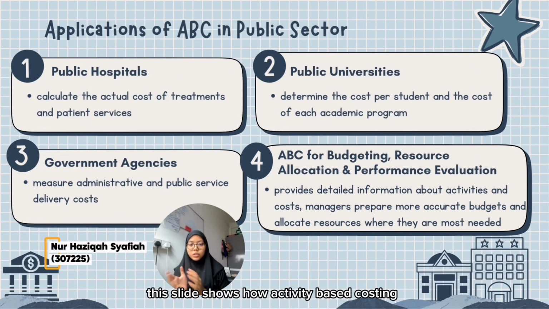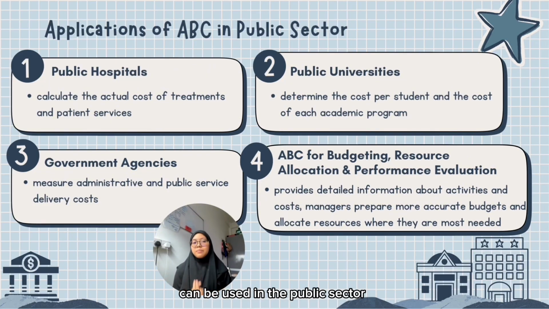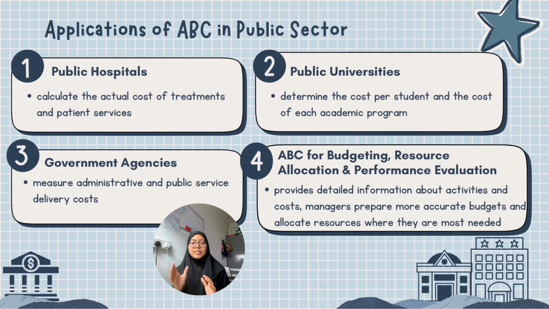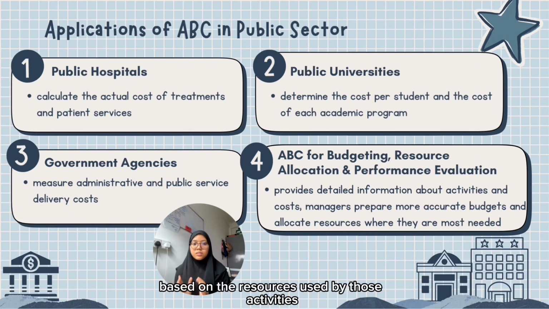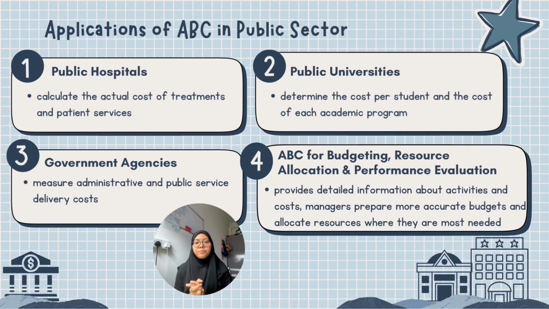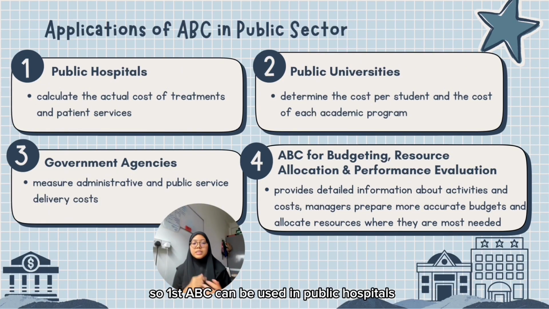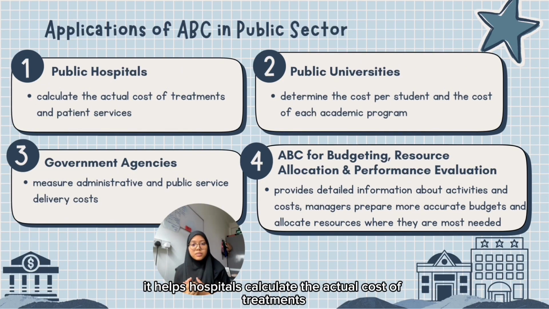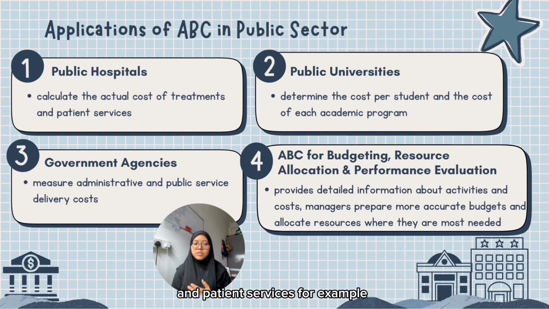This slide shows how activity-based costing can be used in the public sector. ABC is a costing method that identifies activities and assigns costs based on the resources used by those activities. So first, ABC can be used in public hospitals. It helps hospitals calculate the actual cost of treatments and patient services.